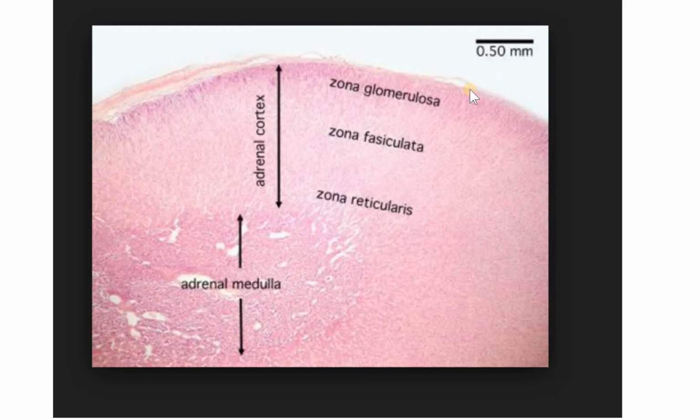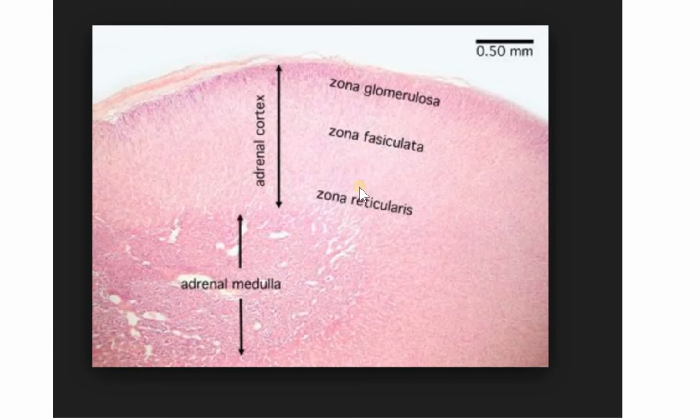Okay, and then the zona fasciculata looks less dense, doesn't look like there are as many cells. Okay, so lots of color here because of the amount of cells. Okay, fewer cells here, so the color isn't quite as sharp as the glomerulosa area.